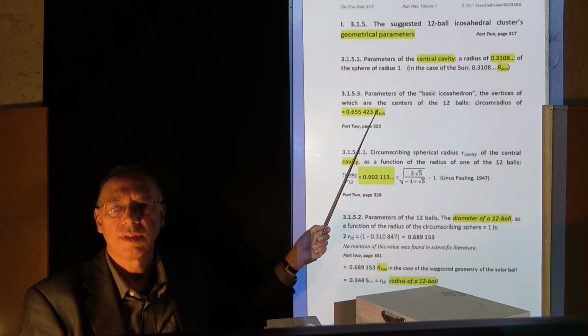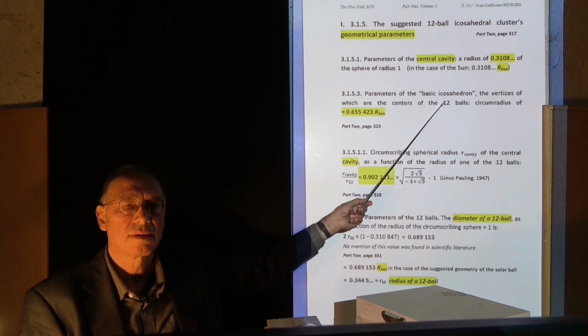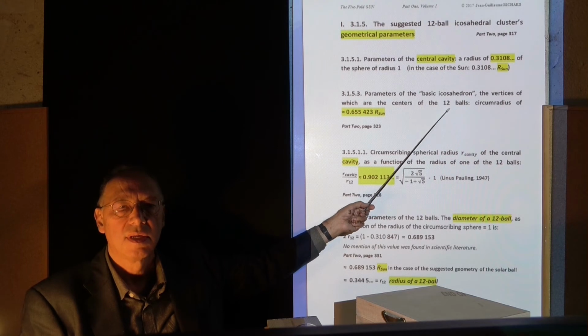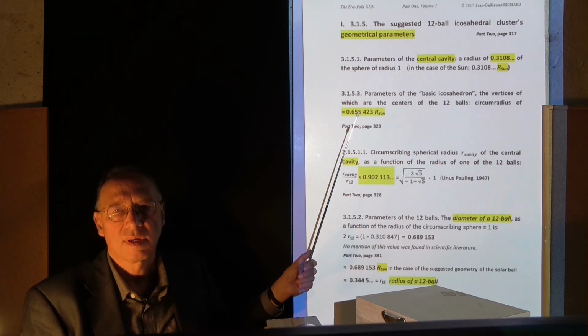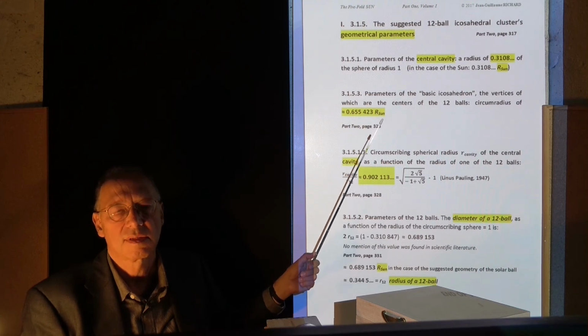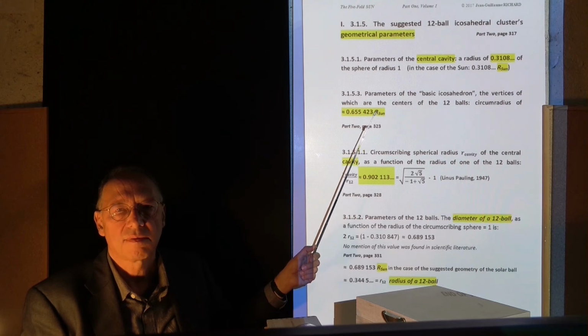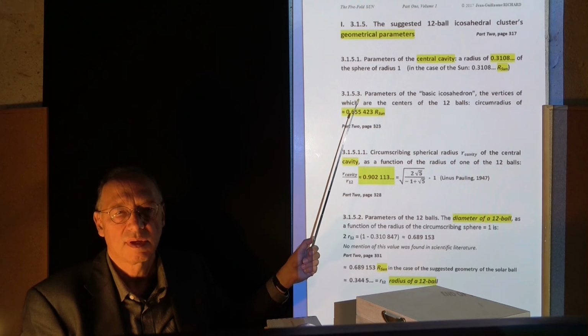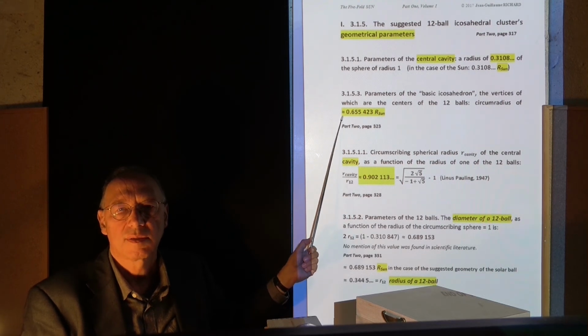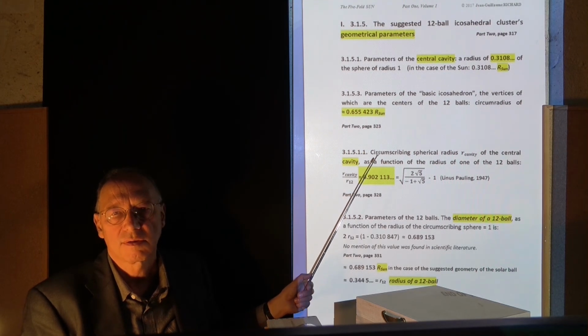The circumradius of the basic icosahedron, which I said in the preceding page, is defined by the distance from the center of the large sphere. In the case of the Sun, this would be the center of the Sun. And any of the 12 solid body vertices which coincide with the icosahedron's vertices, it is 0.655, etc. of the radius of the outer sphere, the overall sphere.